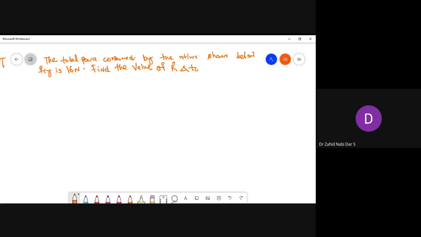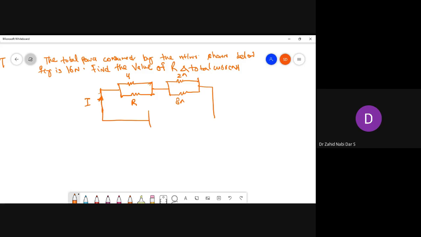I will not explain. I'll wait and see who does it, then I'll explain. So this is the circuit. This is the current I. This is 4 ohm, this is resistor R, this is 4 ohm, this is resistor R. Then there's a combination of 2 ohm and 8 ohm, and there's a battery interconnected, and the value of the battery happens to be 8 volts.